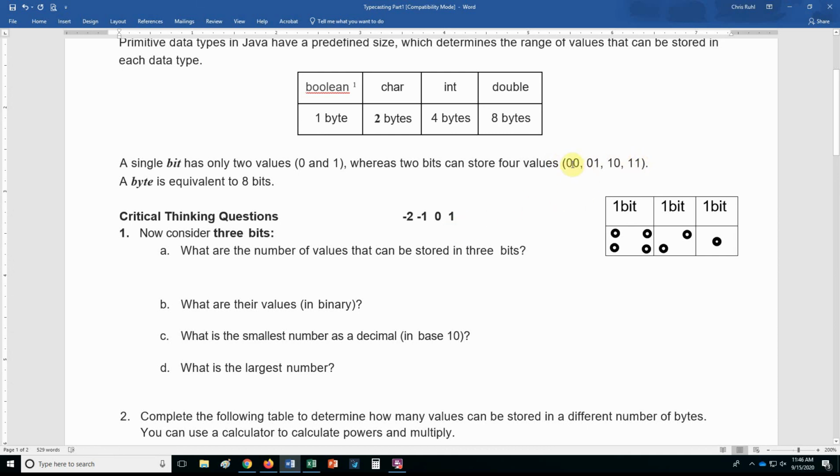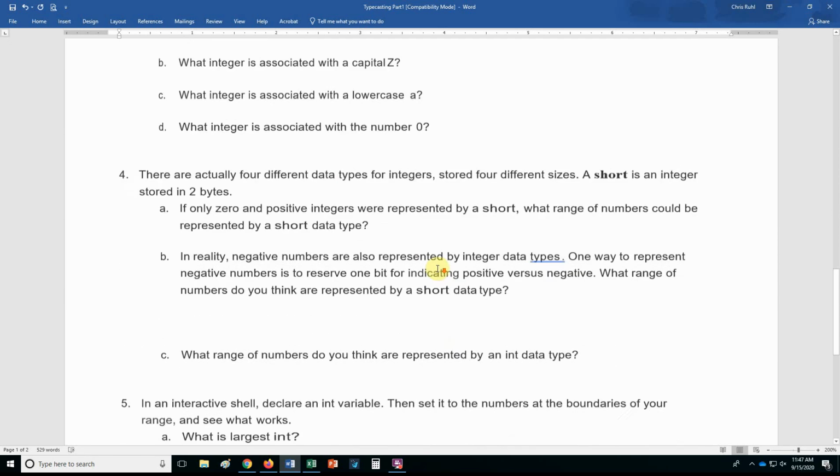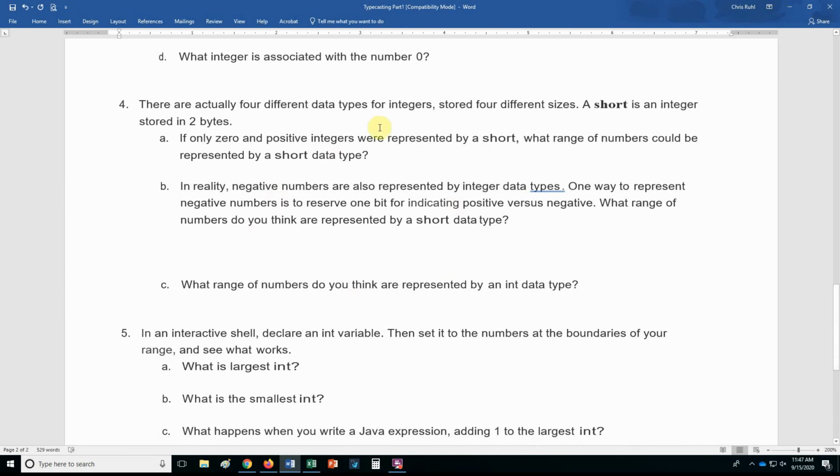But instead of having 0, 1, 2, 3, I'm going to have -2, -1, 0, and 1. I'm going to include the 0 and 1 as positives, even though 0 is not positive, and the -2, -1 is my negatives. So when you're looking at number 4, use that same idea. You're just going to have bigger numbers.